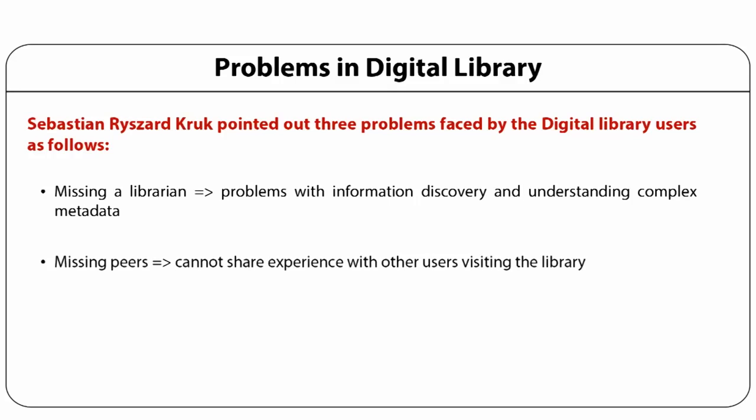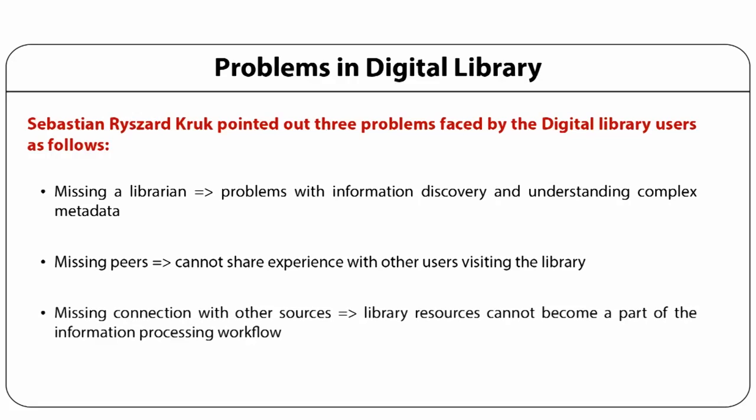They are missing peers, that is they cannot share experience with other users visiting the library, missing connection with other sources. Library resources cannot become a part of the information process workflow. So semantic digital library provides the option to make the digital libraries more useful in today's interlinked web by making the unstructured data machine readable.